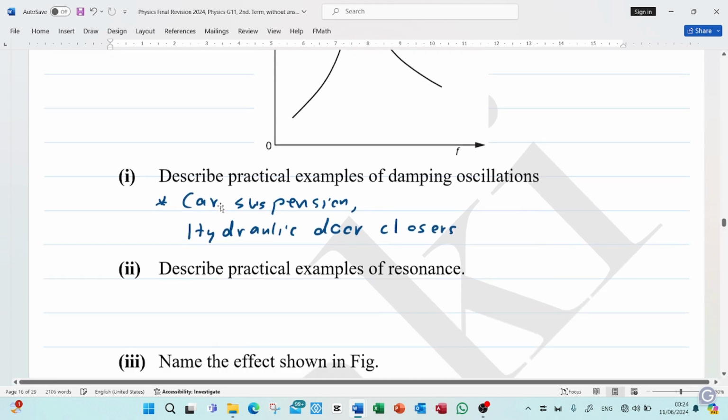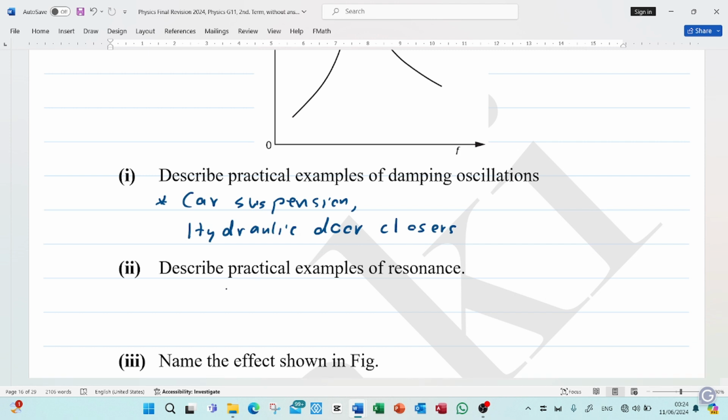Now, describe practical examples of resonance. Pushing a swing at its natural frequency is an example of resonance. Musical instrument, guitar for example.